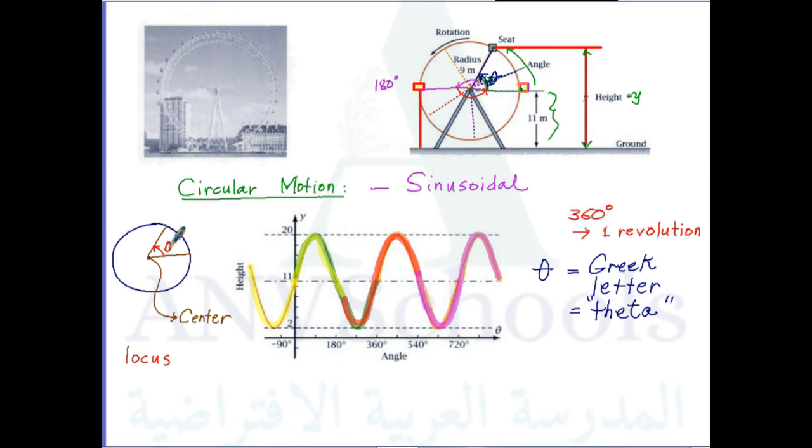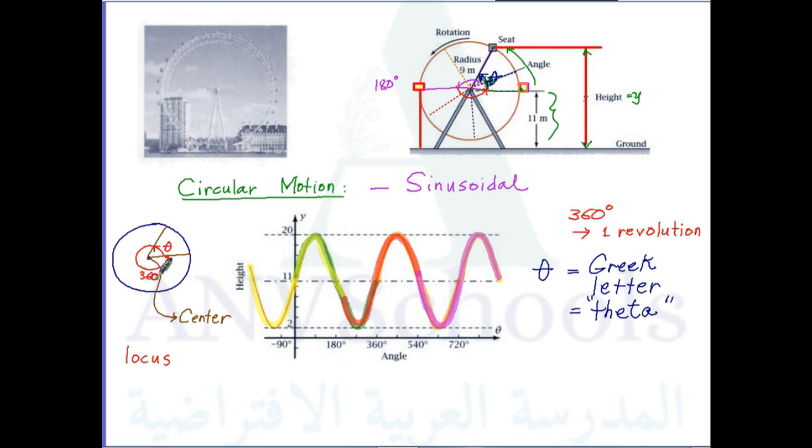Therefore, the theta varies to any angle it wants. It could be greater than 90, less than 90, greater than 180, it could also be greater than 360 as long as it finished its complete revolution. So this is 360.